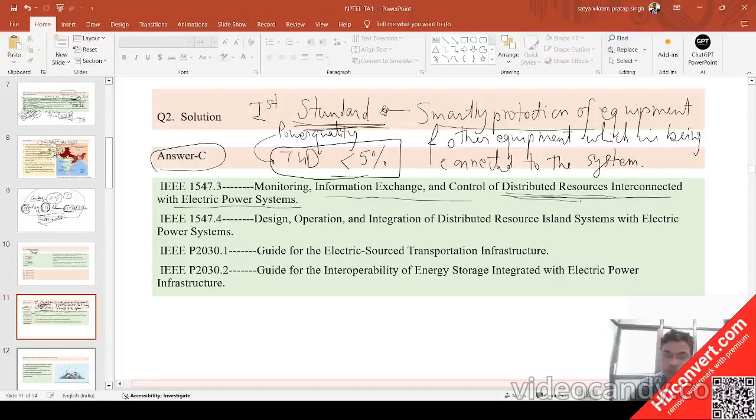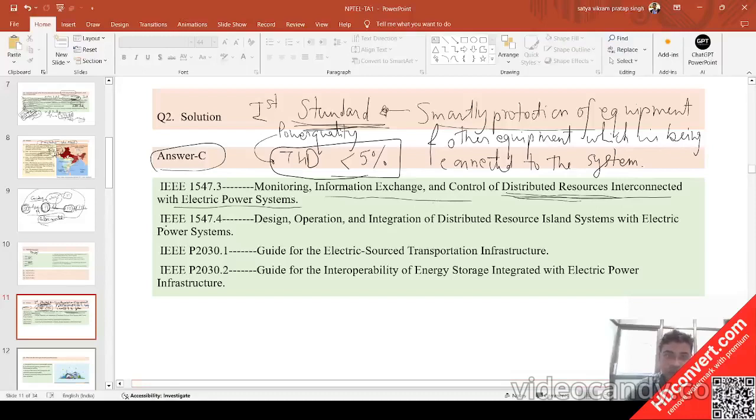Distributed resources means this is a smart grid kind of system. It means that it has a decentralized system. So you need to control, monitor and exchange the information between that system and your system, so that you can properly communicate and transfer your data, your information, so that the other system remains unaffected if there is a fault scenario.